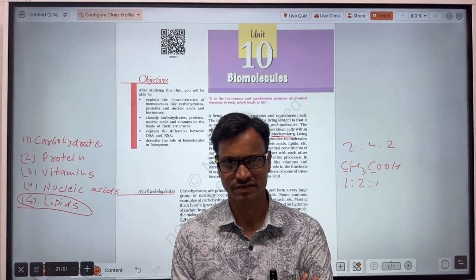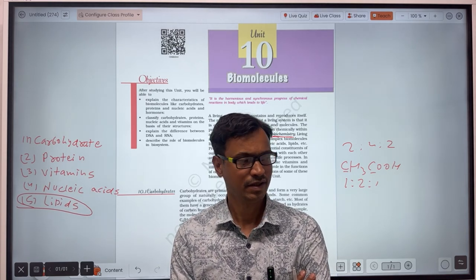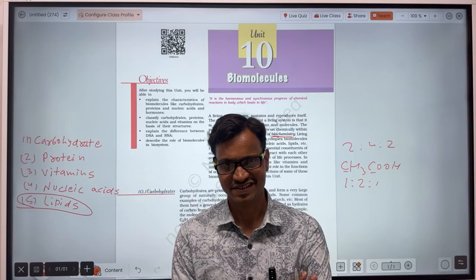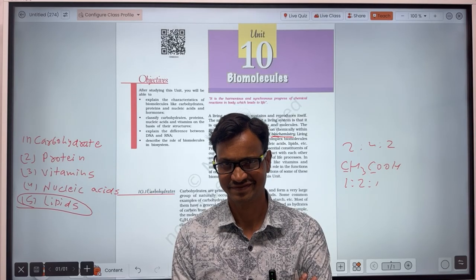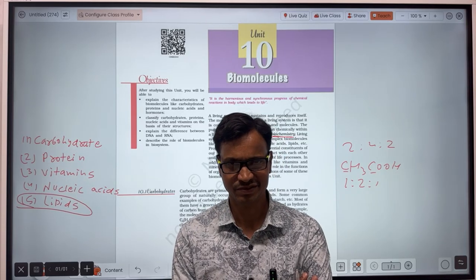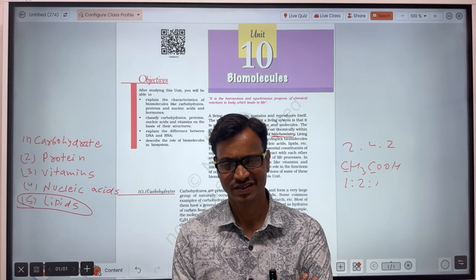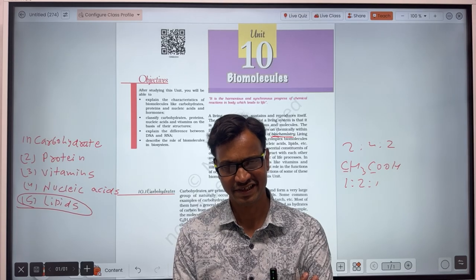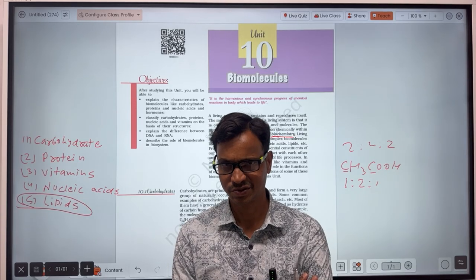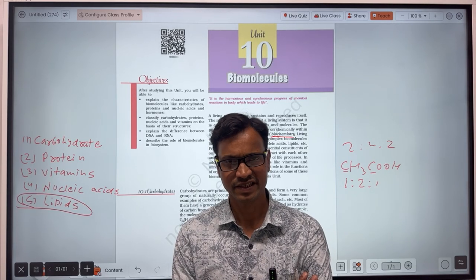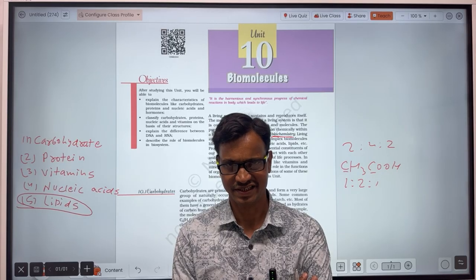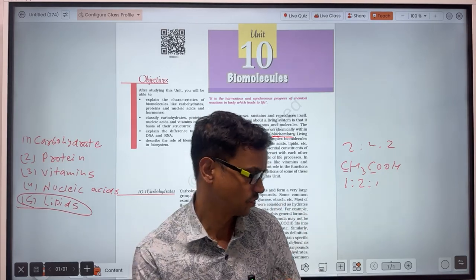In the question, it will be asked: among these compounds, which one is carbohydrate, and the molecular formula will be given. So here you will have to find out whether that compound has an aldehyde group or a ketonic group, and whether there is more than one hydroxyl group. If so, then that compound will be a carbohydrate.